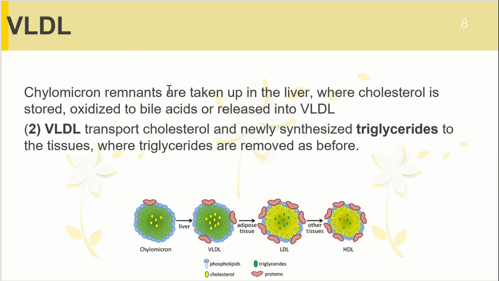All right, so our chylomicron remnants are taken up in the liver where cholesterol is stored, oxidized to bile acids, or released into VLDL, right? So that leads us to our second lipoprotein, which is VLDL. They transport cholesterol and newly synthesized triglycerides to the tissues where triglycerides are removed as before.